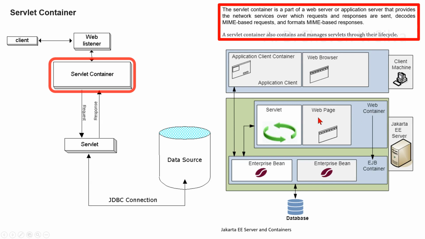Servlets and web page are inside web container. Enterprise beans are inside EJB container. Here application client container interacts with the EJB container, and EJB container interacts with web container. EJB container interacts with the database.